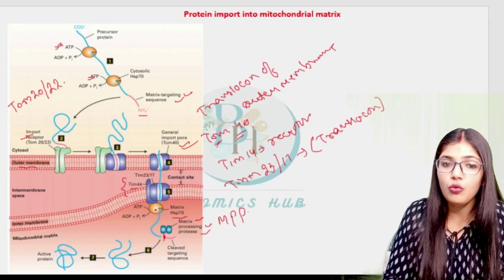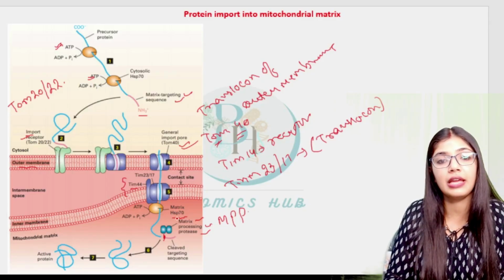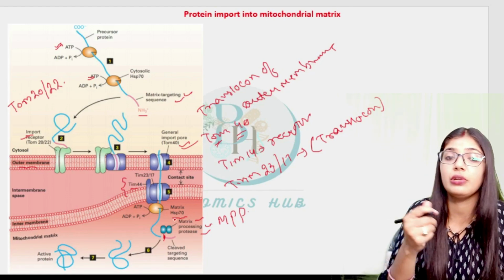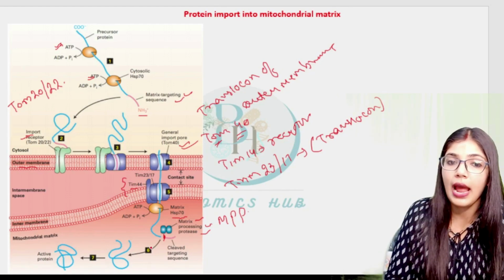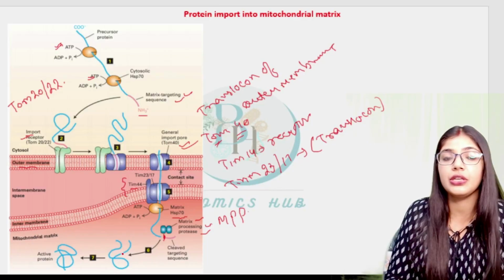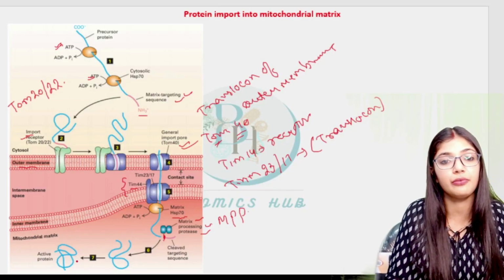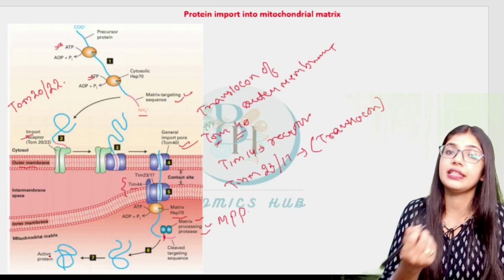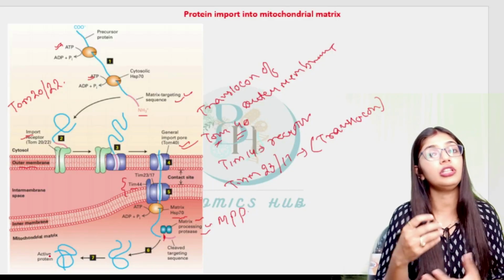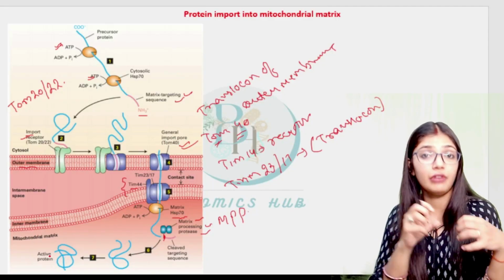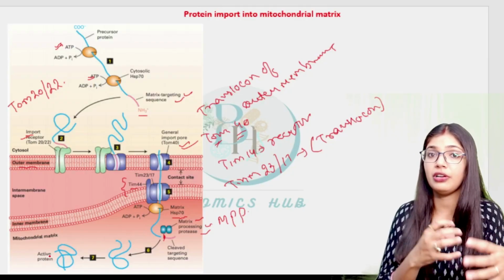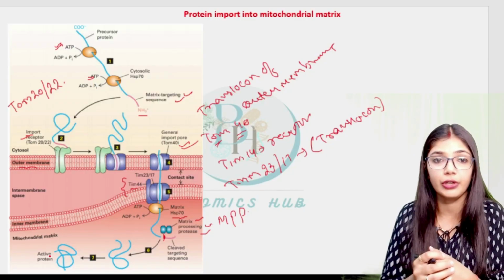And now with the help of HSP70, which was a chaperone, the protein will be completely pulled and released into the mitochondrial matrix and it will be folded. When the protein is in the folded form, then it can work, whatever the protein is targeting, it can work.